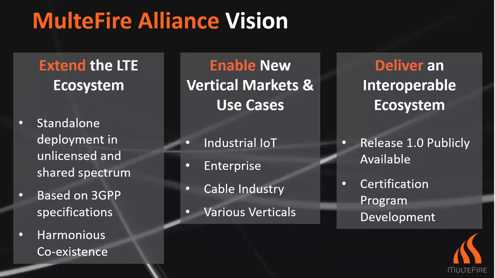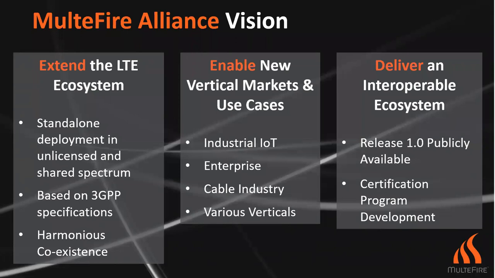A lot of the development that's been done within the MulteFire Alliance is based on 3GPP specification. However, we make sure the requirements are targeted toward running uplink and downlink in unlicensed spectrum band. The key target markets that the Alliance is focused on are industrial IoT, enterprise, cable industry, as well as additional verticals.